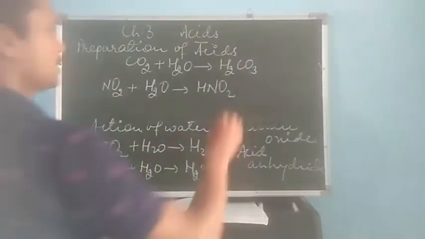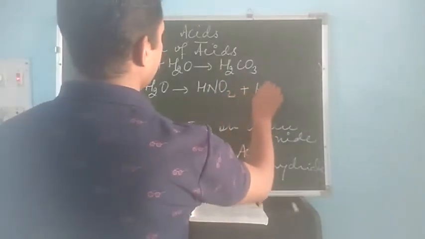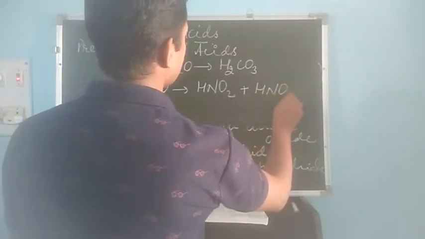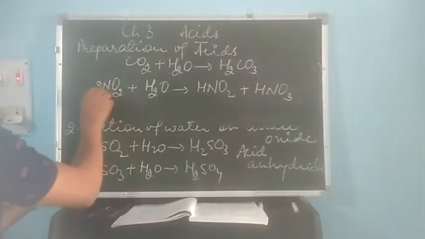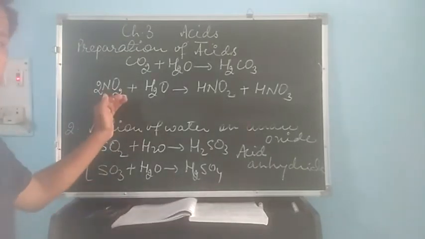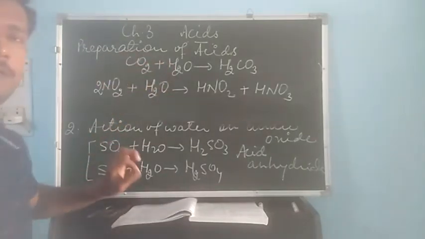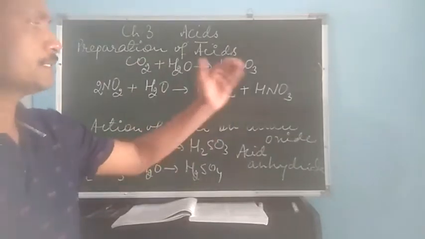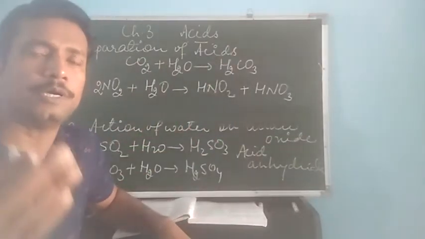You can see nitrous acid and nitric acid. So nitrogen dioxide, when water is added to this, can give nitrous acid and nitric acid, that is, two acids are formed.